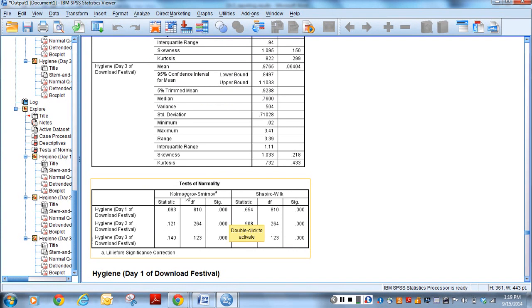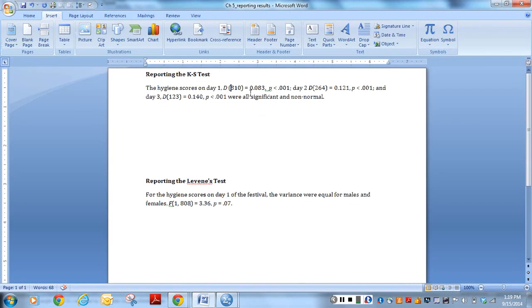Now notice, our KS test findings are right here, these first three columns. Please don't mistake these three columns for your KS test as well. This is another test that SPSS completed. So we're only looking at the results of this. And we followed the same format for day two.